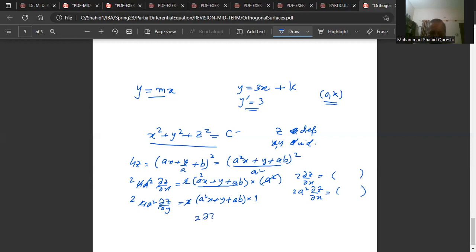So 2 ∂z/∂x is equal to a square ∂z/∂x. That tells me that the value of a square is equal to what? ∂z/∂x cancels, so a square is equal to 1, or a is equal to 1. So the value of one arbitrary constant is obtained.